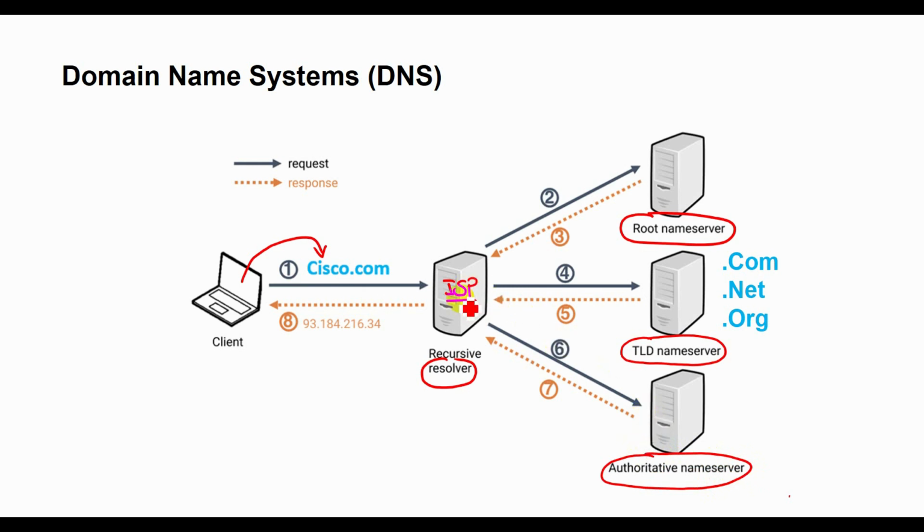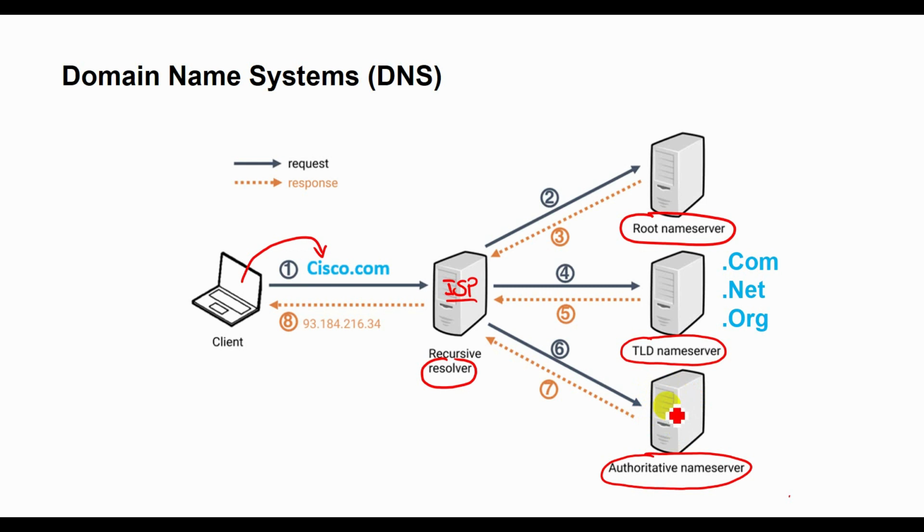So, once again, the resolver will now ask the authoritative name server for the IP address for Cisco.com. The authoritative name server or servers are responsible for knowing everything about the domain, which includes the IP address. They are the final authority.